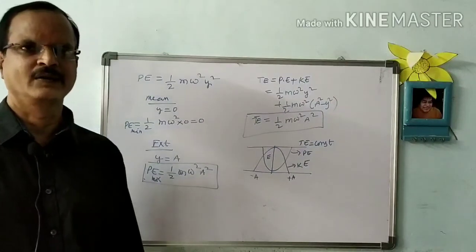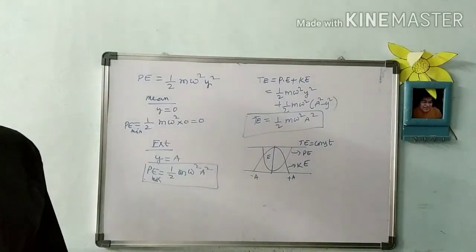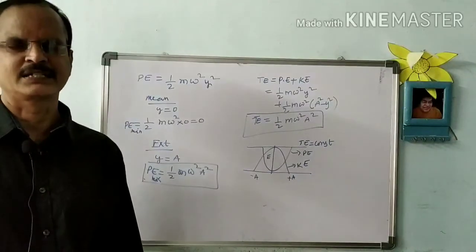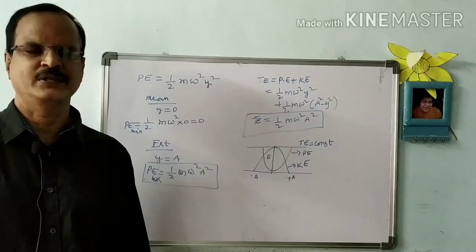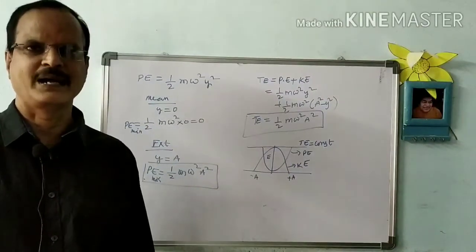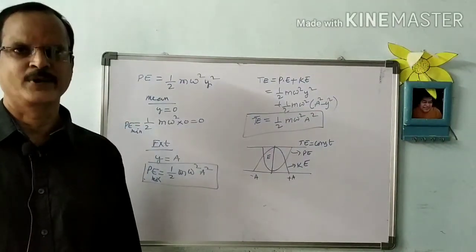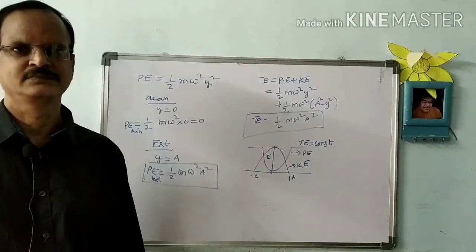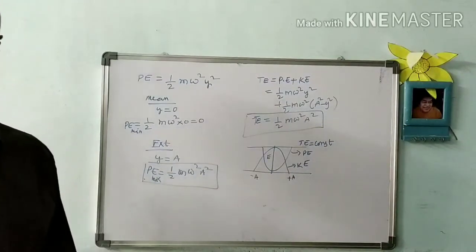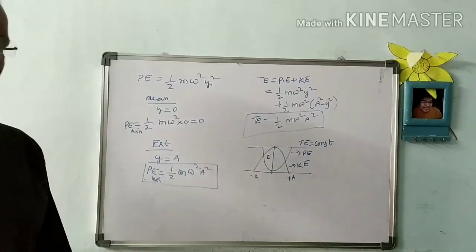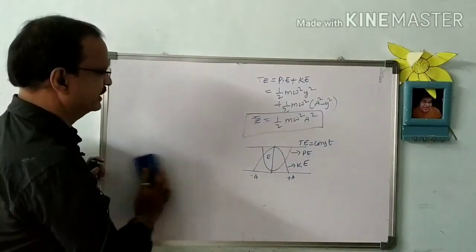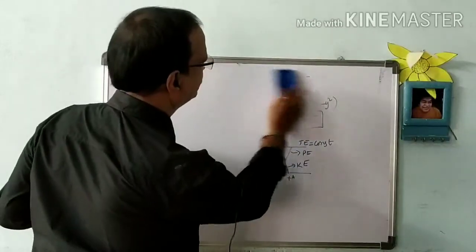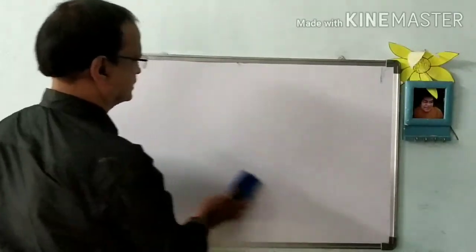And we have the formulas for the displacement of a particle in SHM, velocity of a particle in SHM, acceleration of a particle in SHM, kinetic energy of a particle in SHM, potential energy of a particle in SHM, and finally total energy of a particle in simple harmonic motion. Okay, not only that, we have time period, frequency, and phase of a particle in SHM.